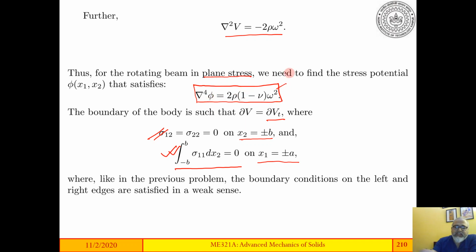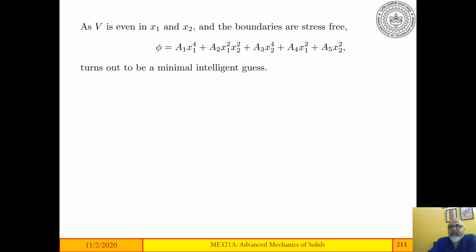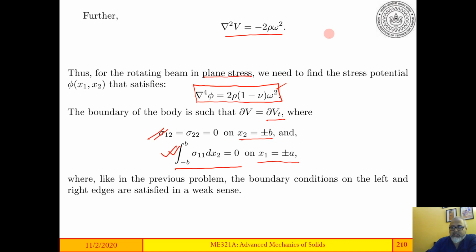So based on that, I take this fourth order polynomial as my minimal guess. If I take this minimal guess, I can derive all the 5 coefficients from these 5 boundary conditions that I have.